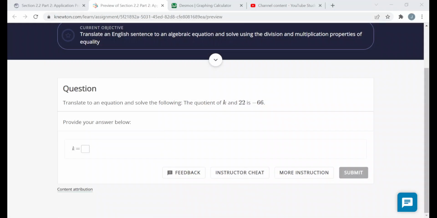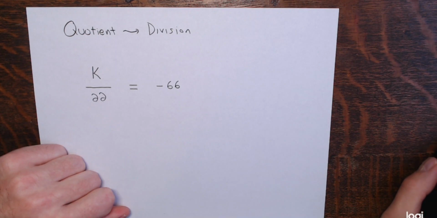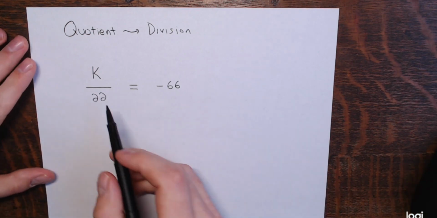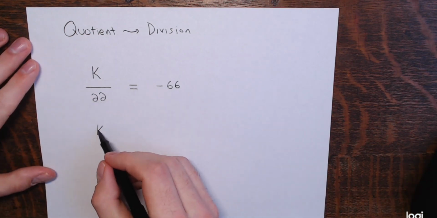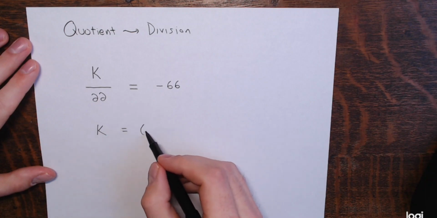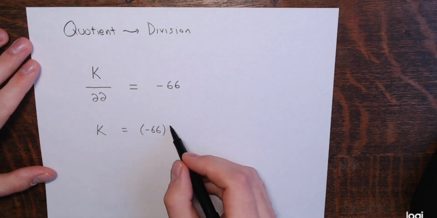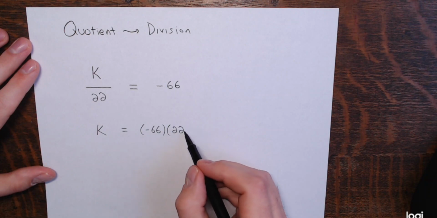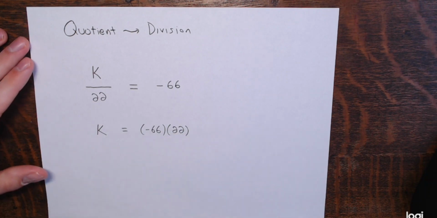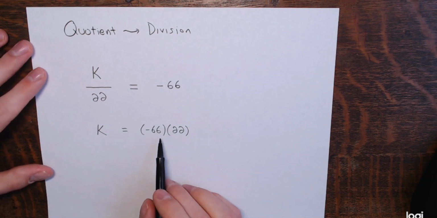Right, so let me make the paper bigger. And all I would need to do is multiply by 22. Right, k would be equal to negative 66 times 22. And let me break this up.